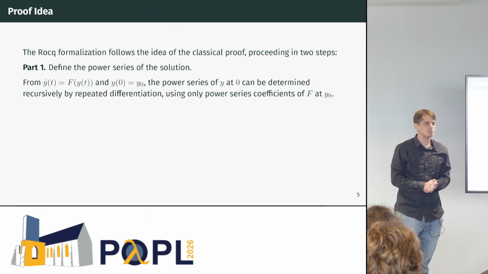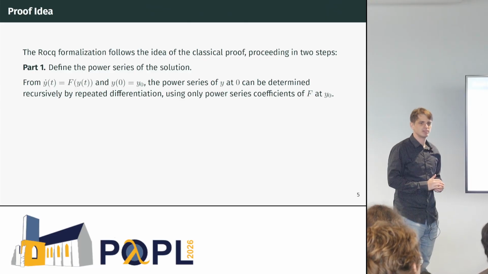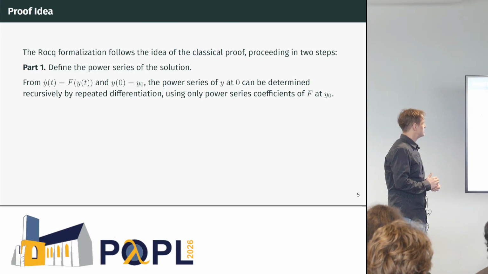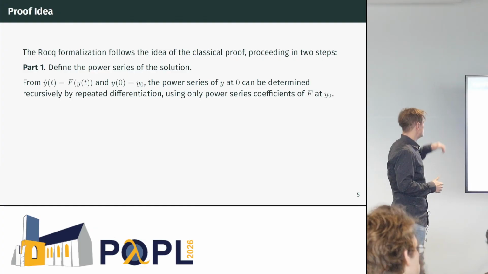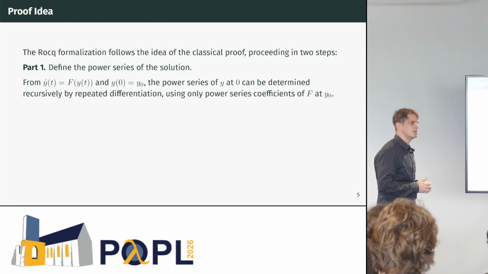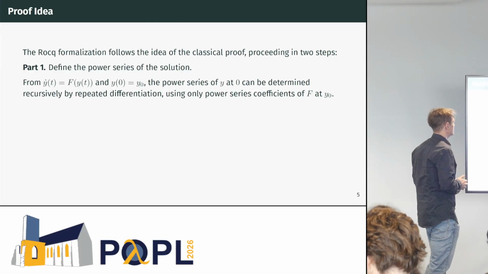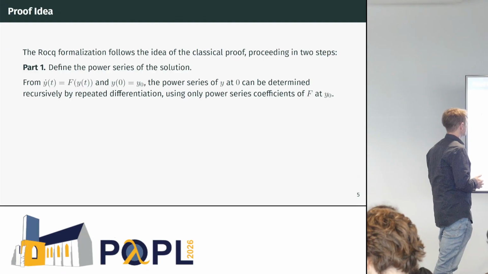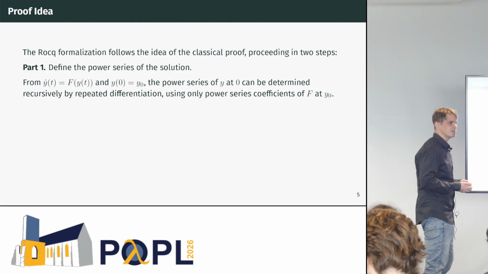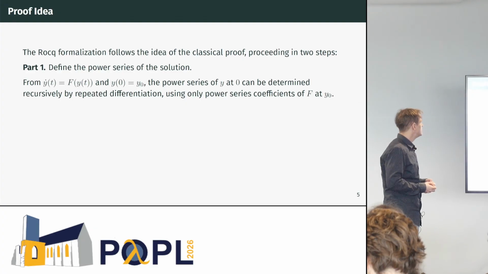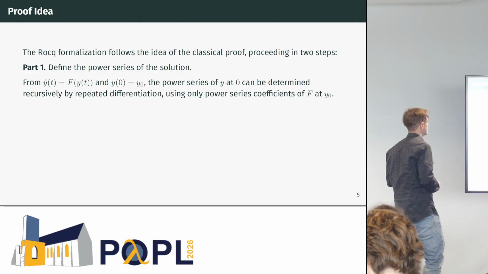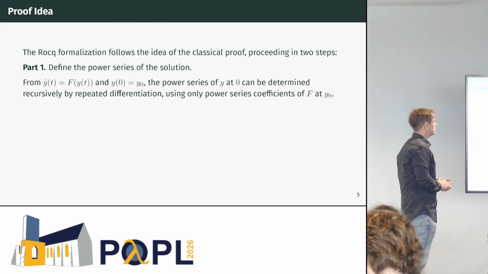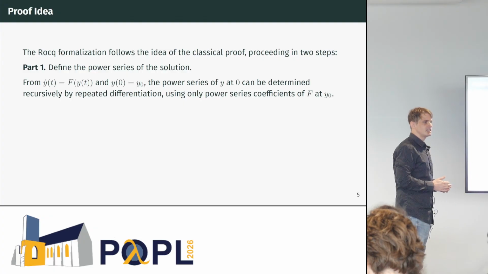Okay, and actually the formal proof is very similar to the classical proof of the Cauchy-Kovalevskaya theorem. It's very nice 19th century mathematics. The main idea, which is the same for the classical proof and for the formalized proof, proceeds in 2 steps. The first is giving the solution as a formal power series. When we are given the power series of the right-hand side function f, we can, just using the chain rule, proceed as follows.